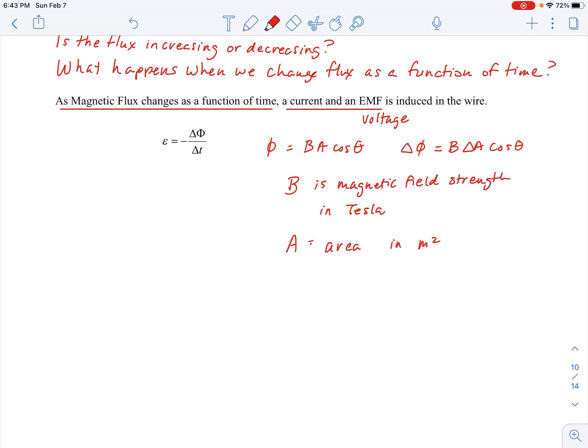If I take the formula for change in flux and make a substitution, then I can rewrite this so that the EMF, or the voltage, will be negative B times change in area times the cosine of the angle, again assuming that the area is changing and not the angle, over change in time.